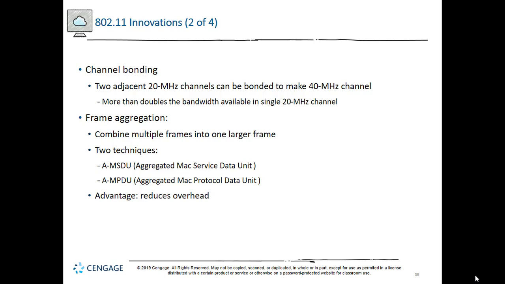Now, to understand how frame aggregation works, you need to understand that aggregation means to combine. So, suppose 3 small data frames are combined into one larger frame. Each larger frame will have only one copy of the same addressing information that would appear in the smaller frames.